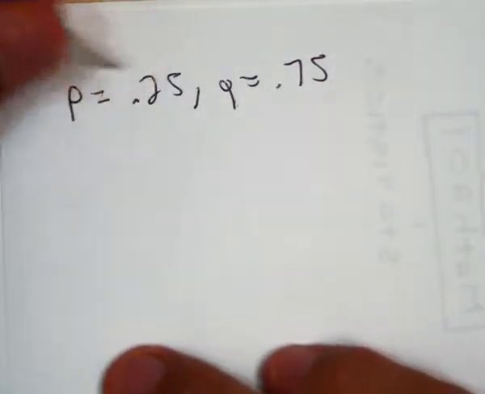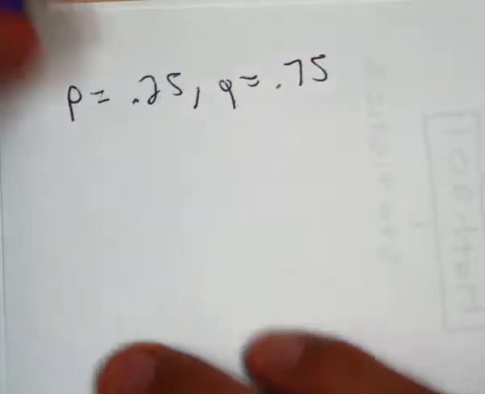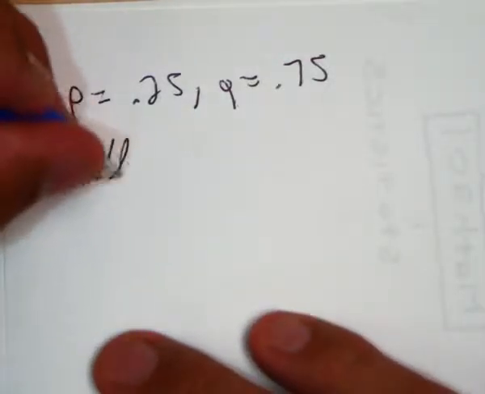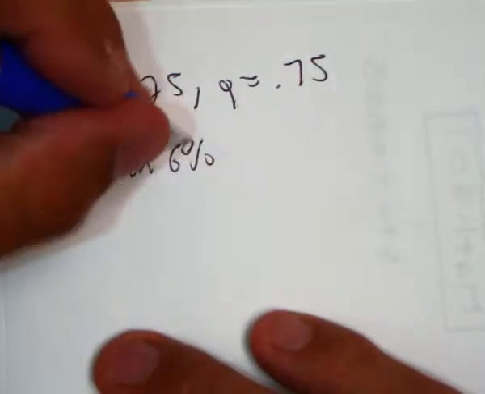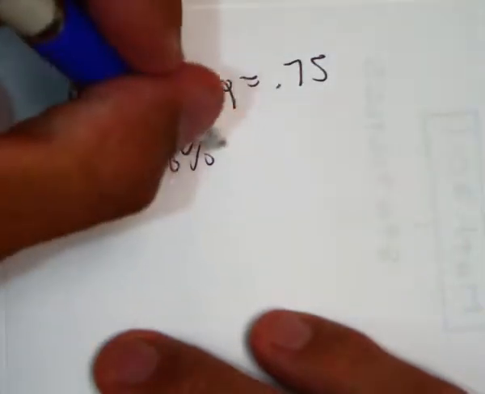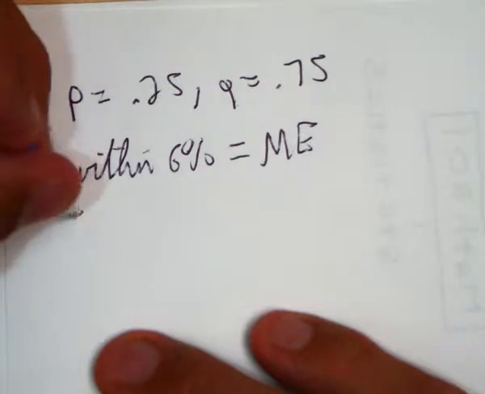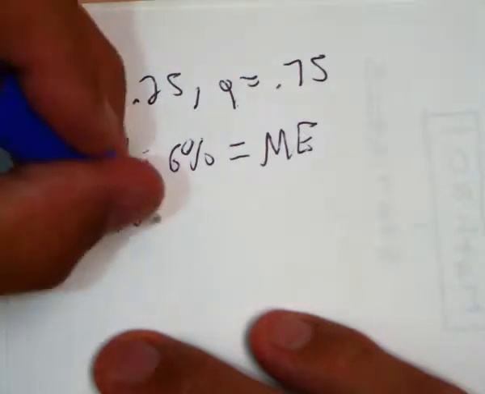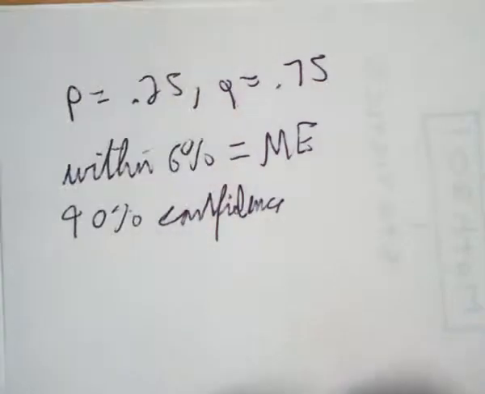And they told us that they want the proportion of non-grads to within 6%. Within 6% of what? Well, within 6% of p hat. So that 6% is our margin of error. And then they want 90% confidence. So that tells us our confidence level.